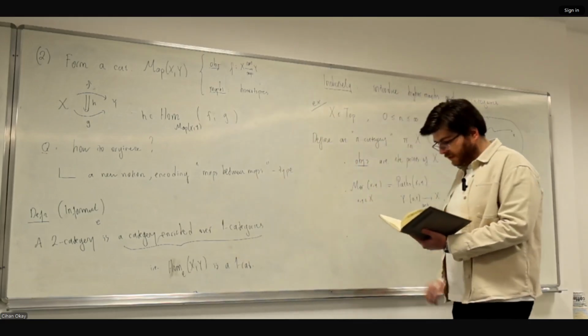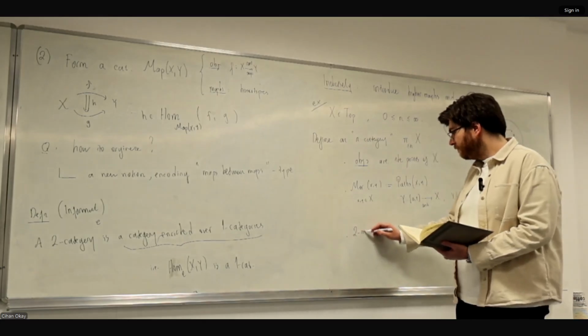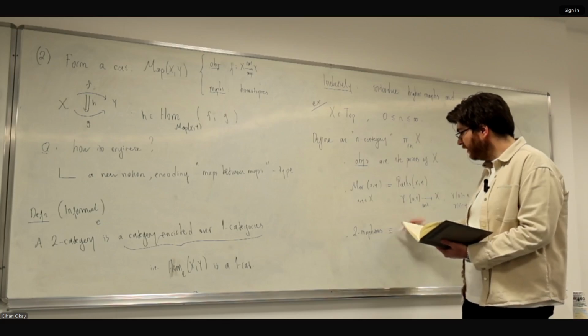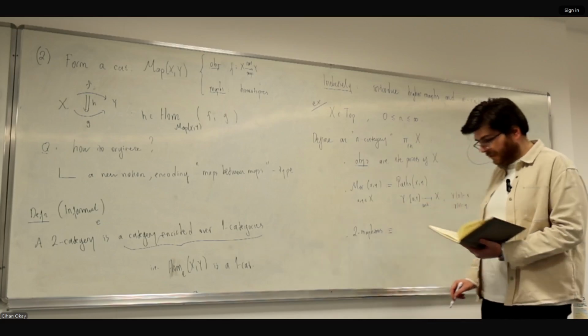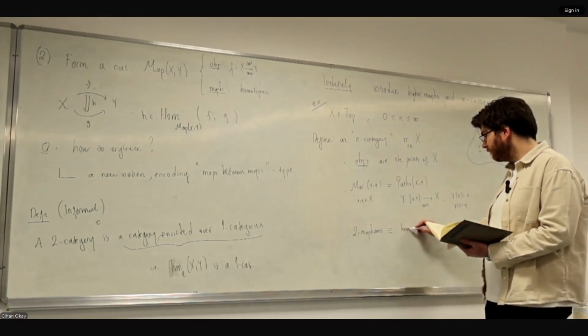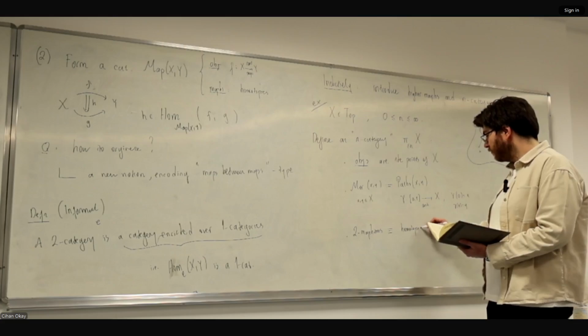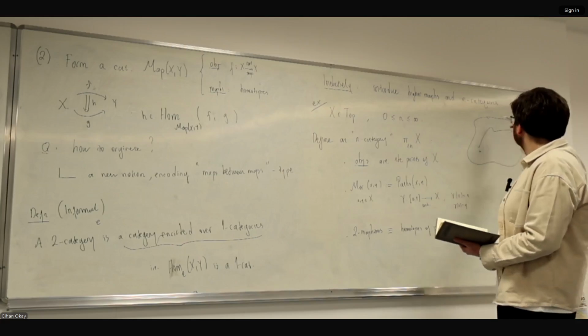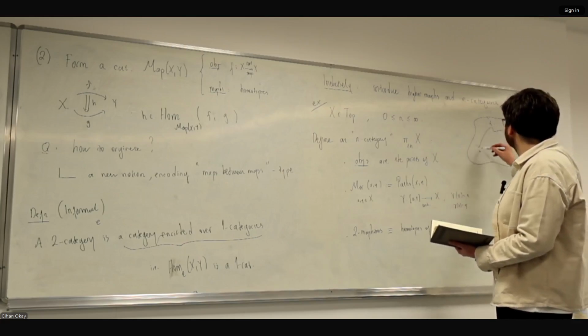And you can define two morphisms to be the homotopies of paths. Like you introduce, I don't know, this is your f, for instance.